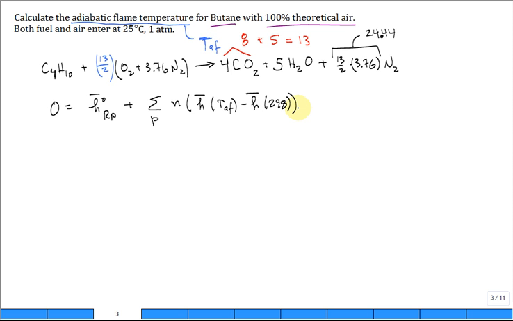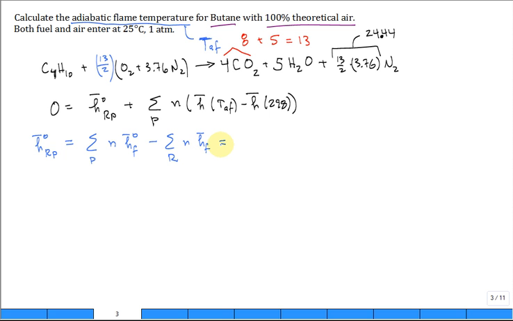There. We have calculated the enthalpy of combustion for different fuels before. Remind you, it's the sum of the stoichiometric coefficient times the enthalpy of formation for each of the products minus the sum of the stoichiometric coefficient times enthalpy of formation for each of the reactants.